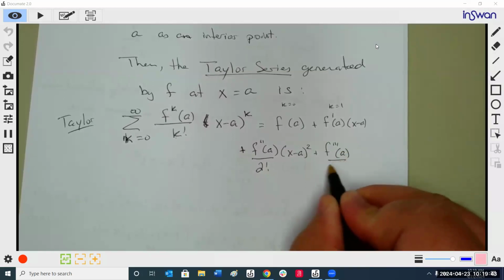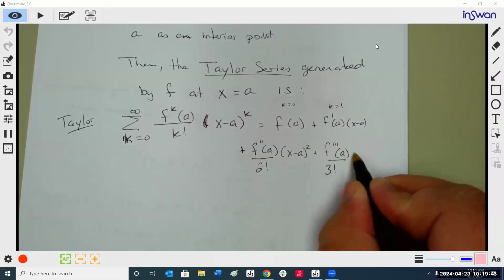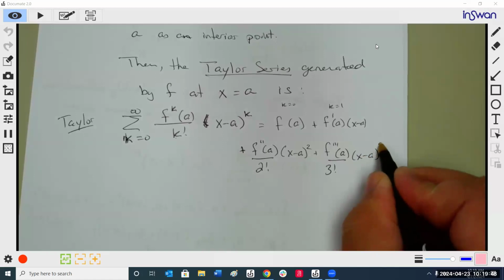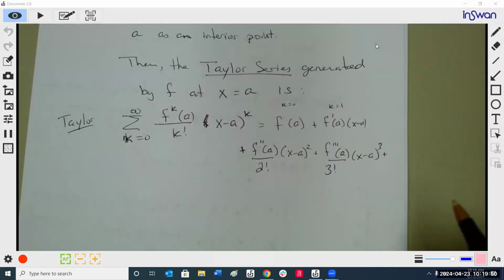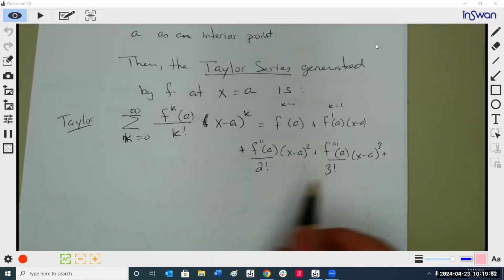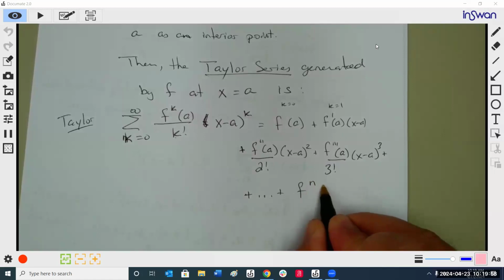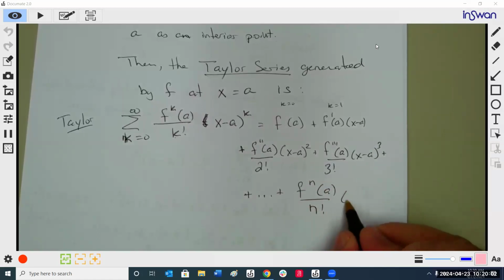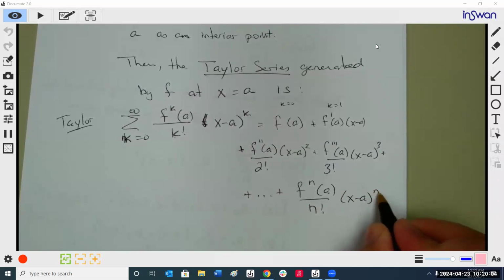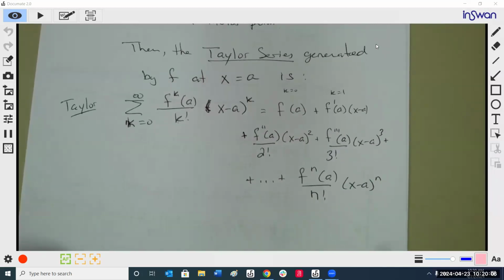Then the third derivative over 3 factorial, x minus a to the third, and so on. And what we get is the nth, which is n factorial, x minus a to the n, and so on and so forth.